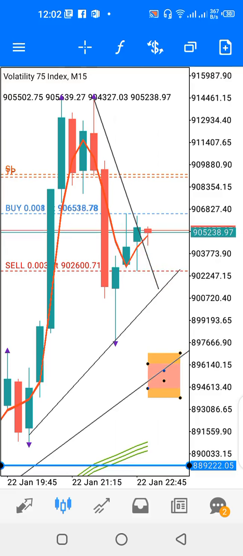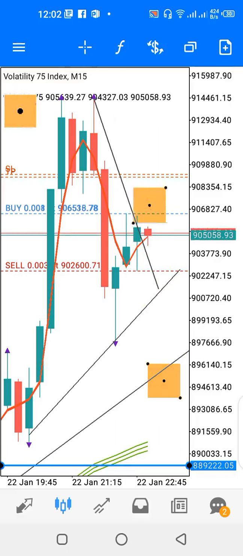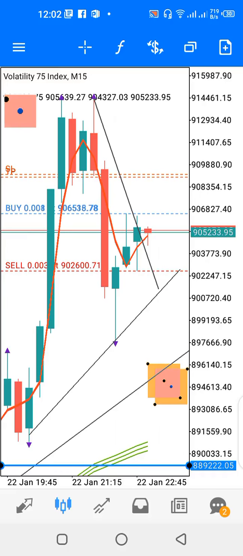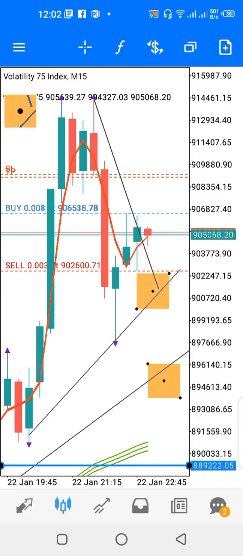So just wait for price to go up, and then all your trades will close out in profits as price approaches the resistance area. So you must have a good sense of judgment to use this strategy.